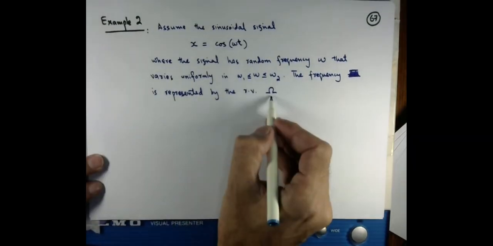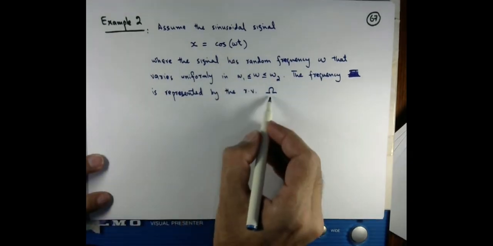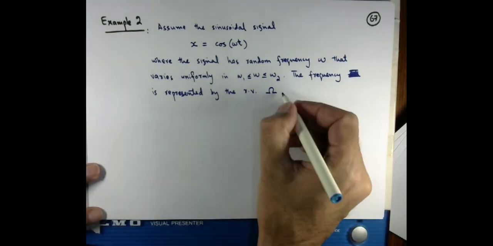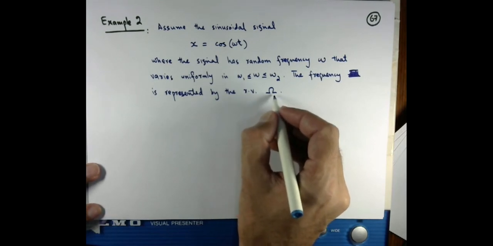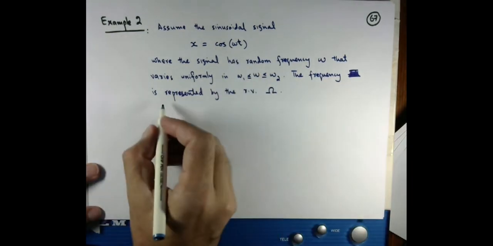So you see this omega and this omega are basically the same thing. This is the random variable and this small omega is some occurrence of that random variable. So we will write the distribution of this.